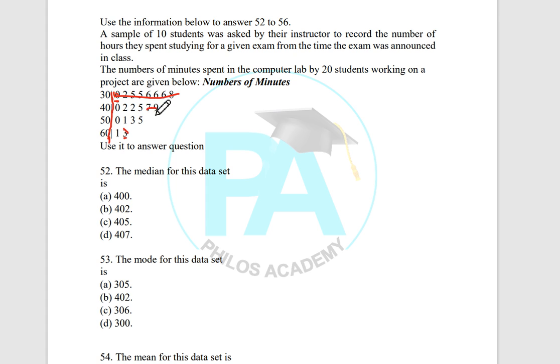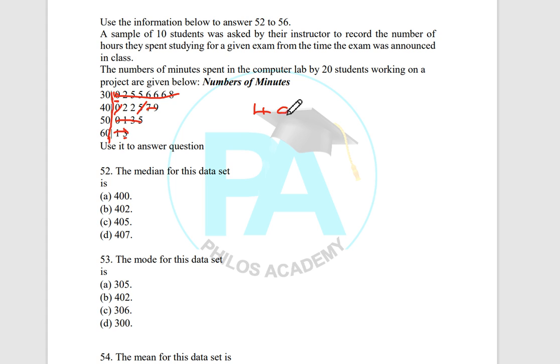It will cancel out all these 8. We want to look for the middle number, and this 02 will cancel out this 5. So the two middle numbers are 2, 2, that's 402 and another 402.